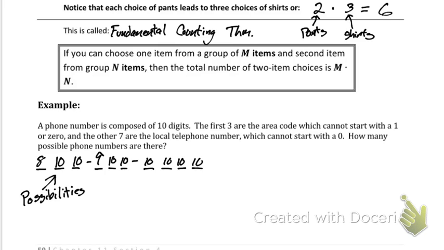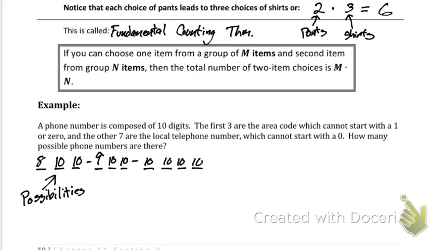Well, now this is the exact example of what we have up here. It is our fundamental counting. I am picking one item from this 8, I'm picking one item from this 10, 10, 9, 10, 10, 10, 10, 10, 10. So it fits this. I'm choosing one option from each group. So to solve this problem, all I have to do is do 8 times 10 times 10 times 9 times 10 times 10 times 10 times 10 times 10 times 10, and you will get your total possibilities.